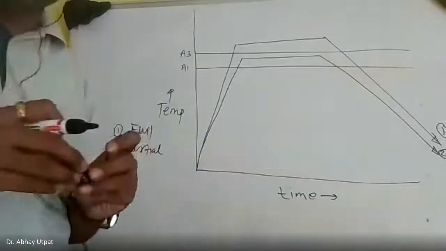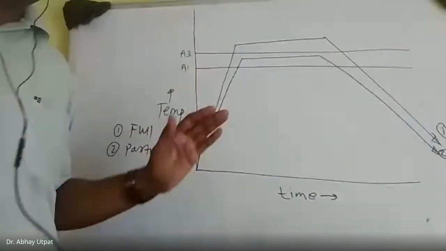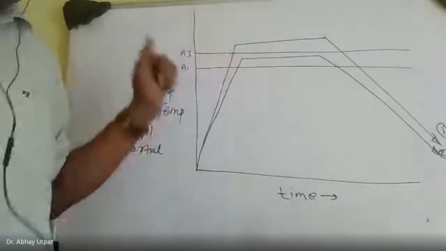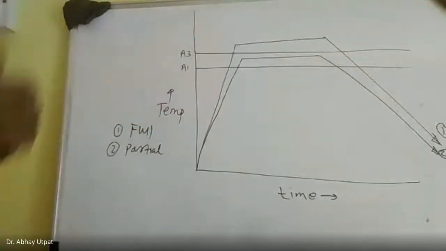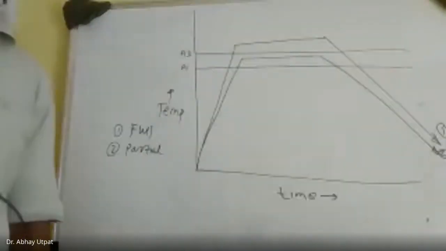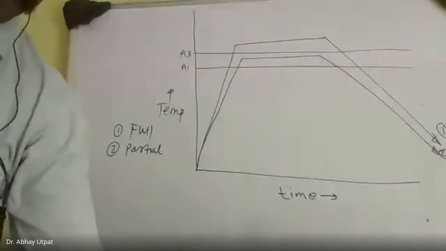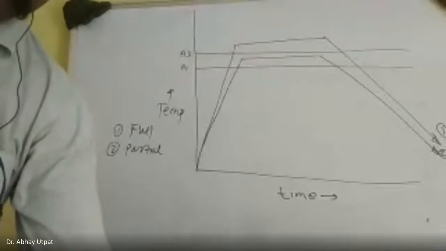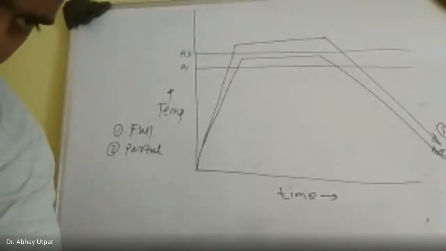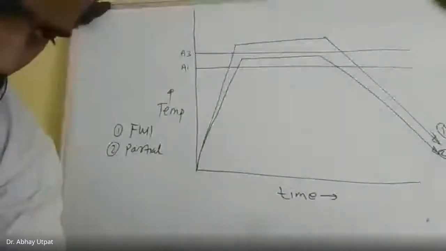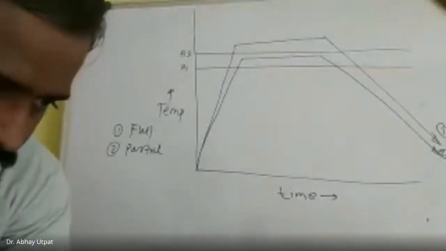Why partial? Because you have not formed homogeneous austenite. You have heated between A1 and A3. Can anybody tell me what the phase is between A1 and A3? Please reply. I am expecting that you should reply without my taking your name.